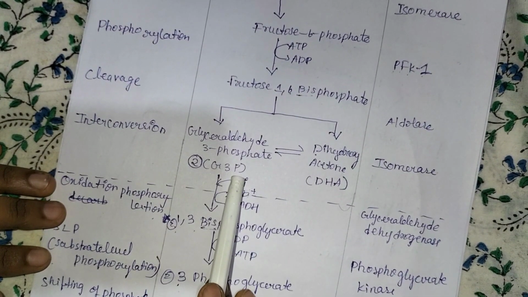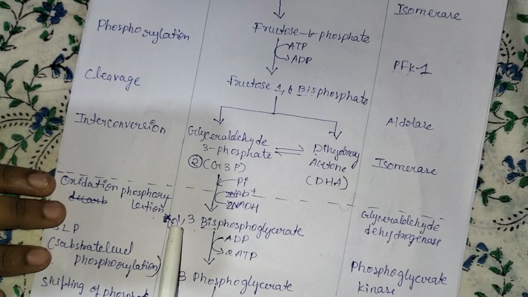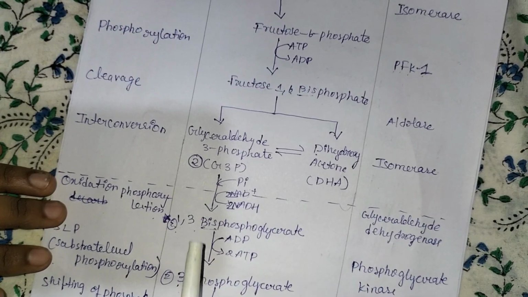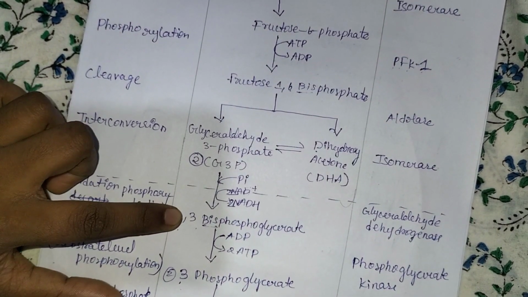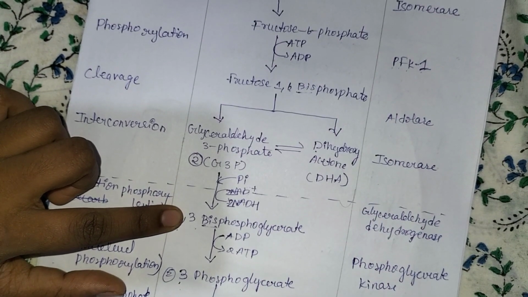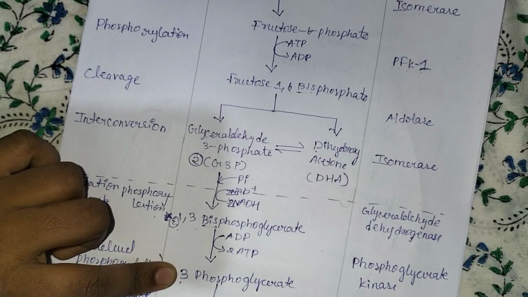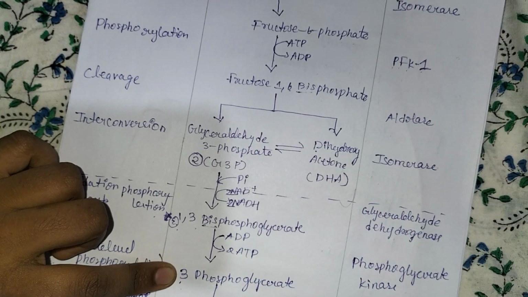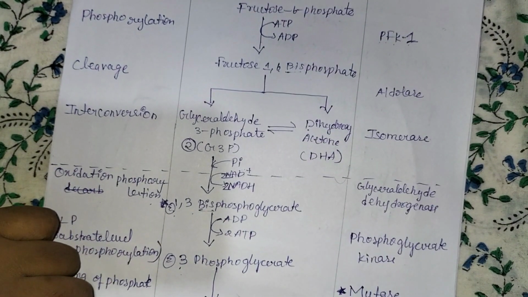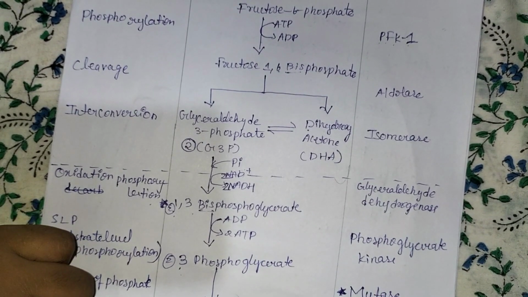To G3P, at the first position we'll add phosphate, so it will give 1,3 bisphosphoglycerate. Then from the first position we'll remove one phosphate, making ATP, so it becomes 3 phosphoglycerate. And remember, here 3 phosphoglycerate is converting into 2 phosphoglycerate, so the phosphate is shifted from 3 to 2. Okay, then 1 water molecule is removed, and we get PEP, phosphoenolpyruvate. From PEP we'll get pyruvate.